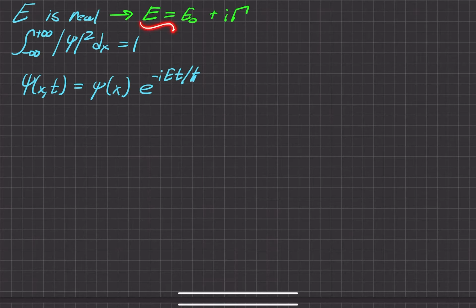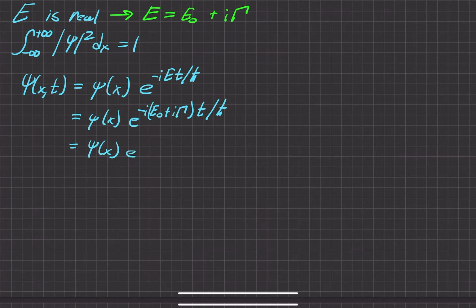Now we substitute the E that we have into the time dependent portion. We'll get this. And then you do some algebra, distributing that, and you'll end up finding this next expression.